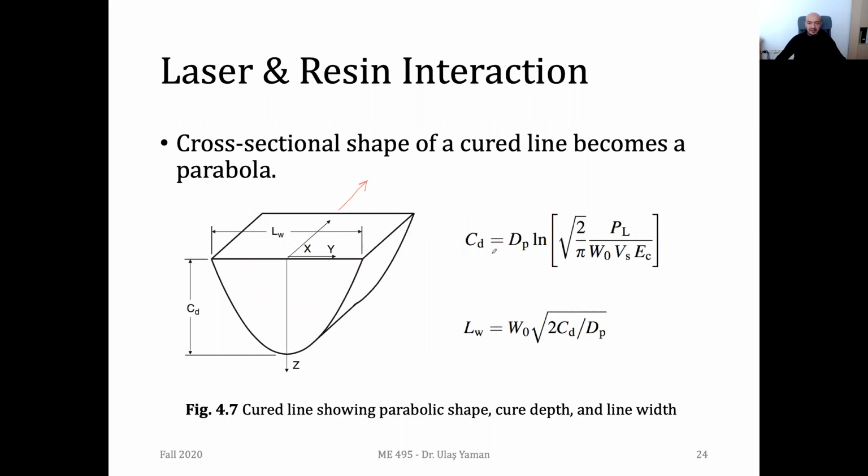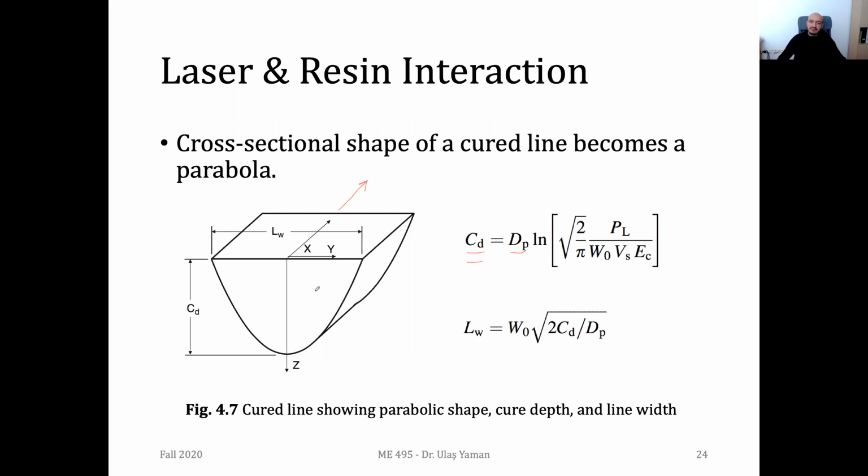Now let's have a look at how we determine the curing depth. As I mentioned, we have the property of resin. This is penetration, depth of penetration, and it's a resin parameter. And then as you see, we have logarithm here.